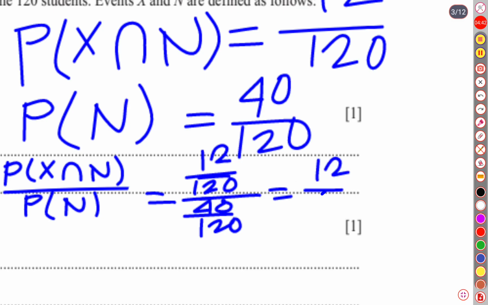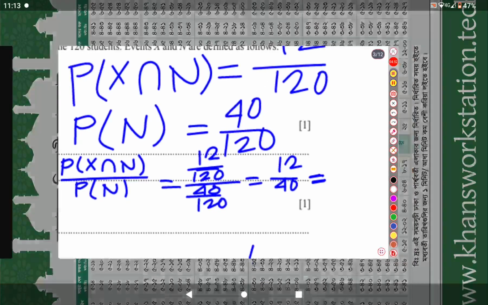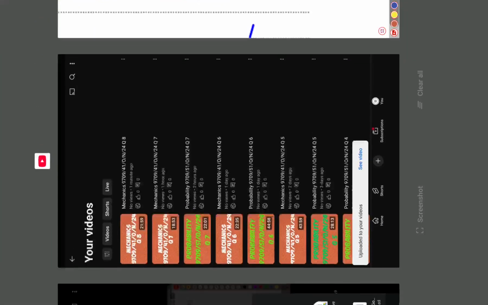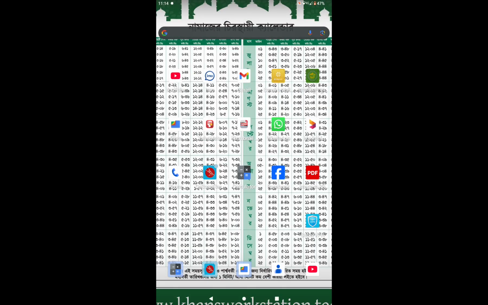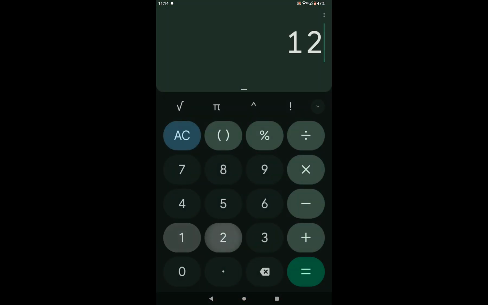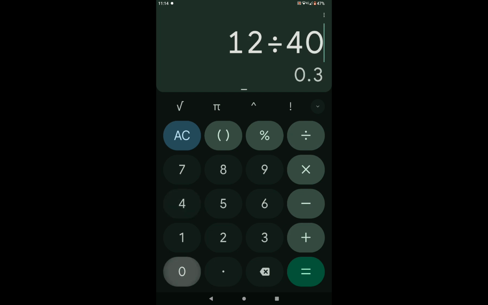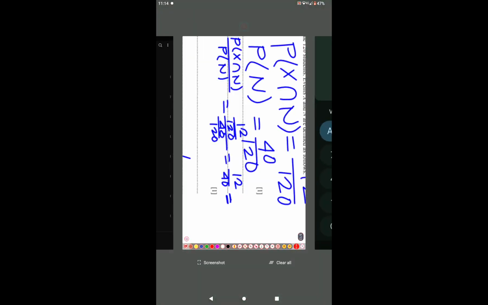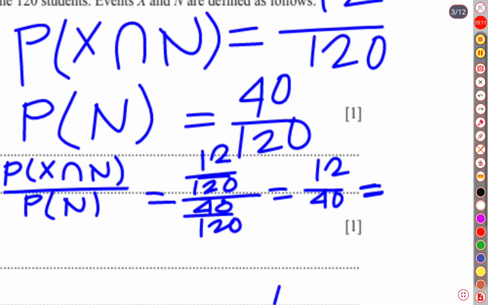After simplification, if we divide 12 by 40, the probability is 0.3. That is the answer to the first question.